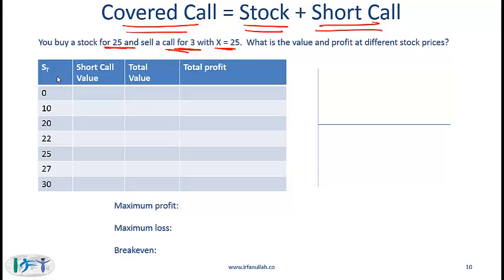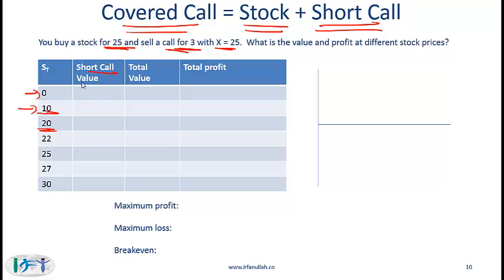Just a small terminology alert. You bought the stock for 25, but the stock can then go down in value or it could go up in value. Whatever the value of the stock is essentially the stock price. So if you say the stock price is down to 10, that means that the value of the stock is now 10. If the stock price goes to 20, that means the value of the stock is 20.